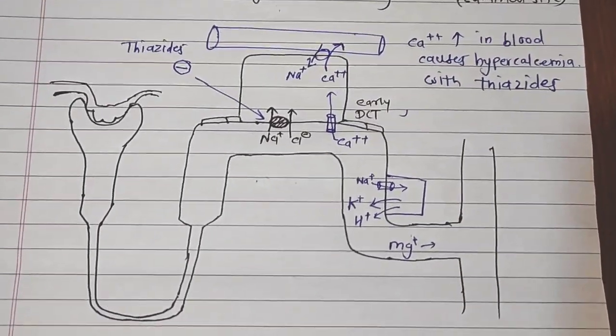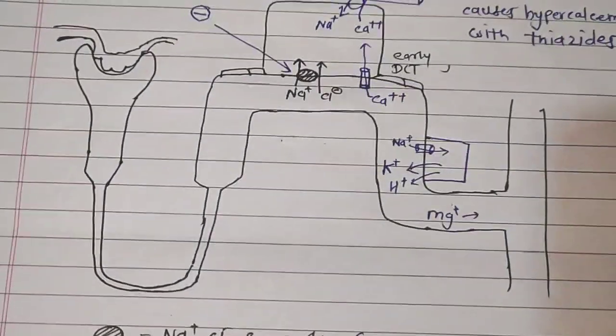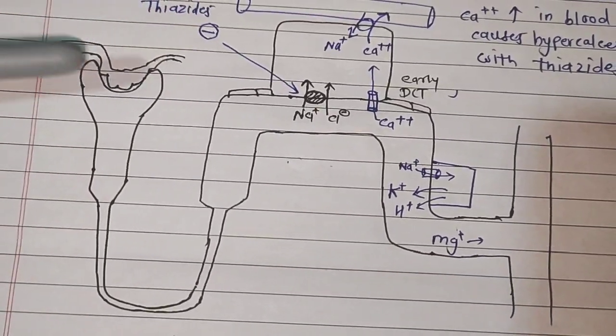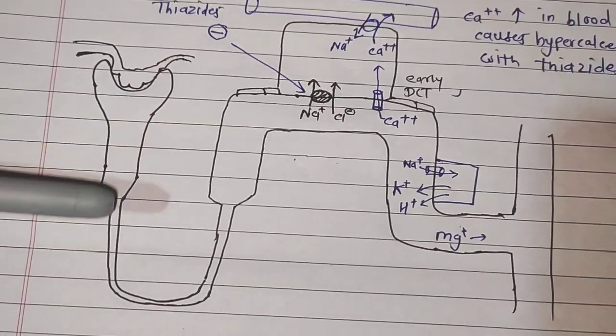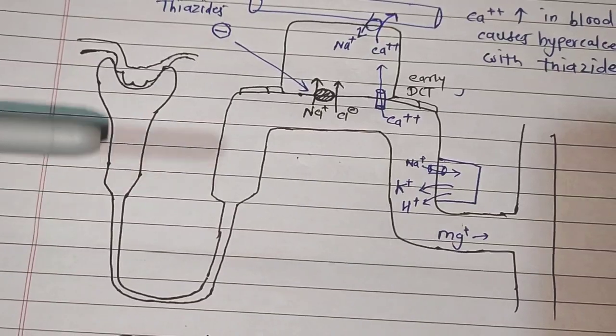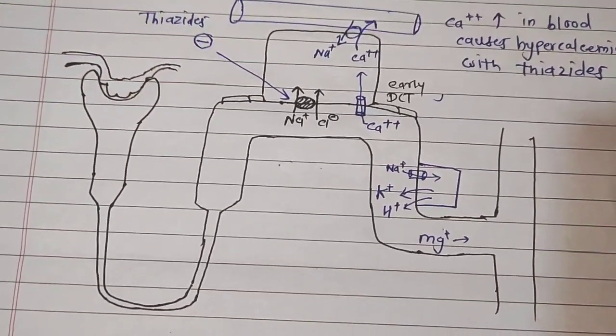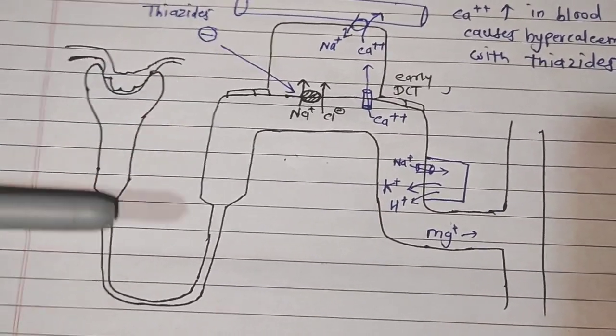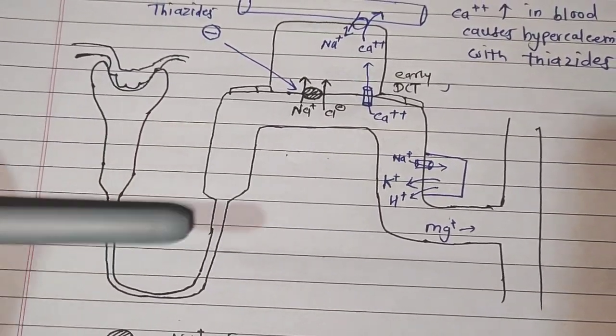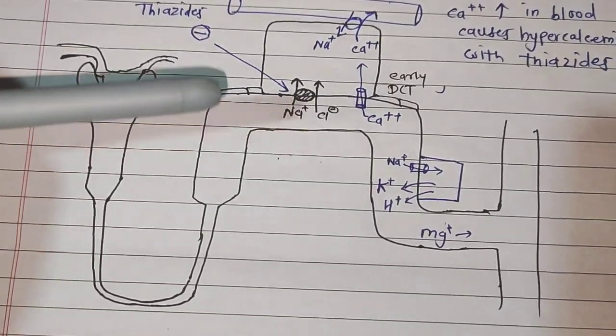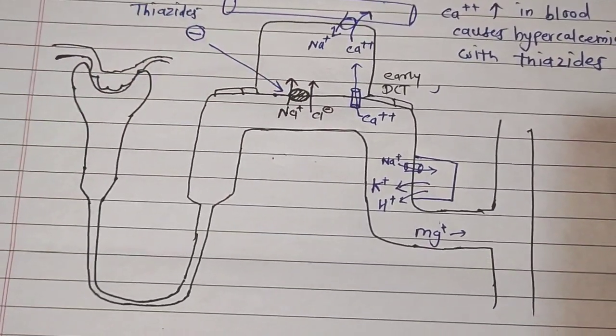Now we'll discuss its mechanism of action. As we know, the blood gets filtered at the glomerulus. All the constituents get filtered out except the large proteins, macromolecules, and some blood proteins or the blood cells. So this filtrate also contains ions like sodium, chloride, potassium, magnesium.